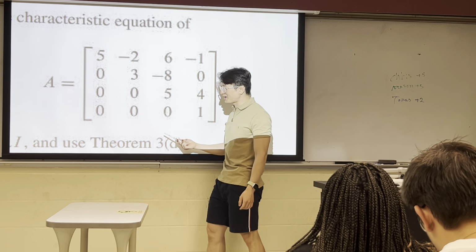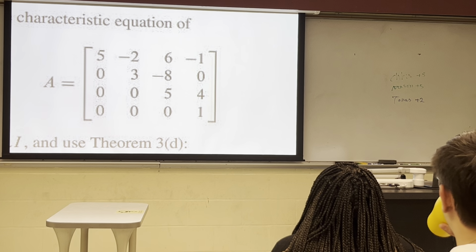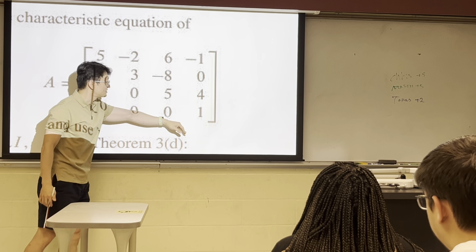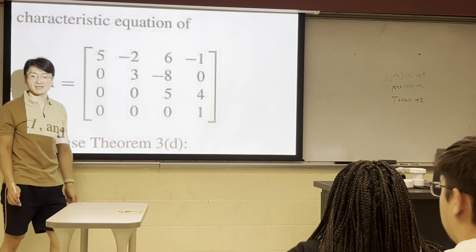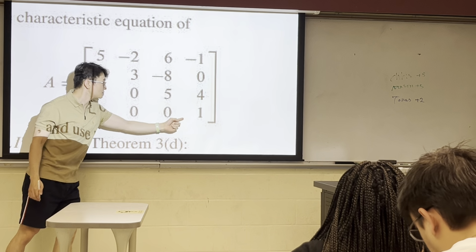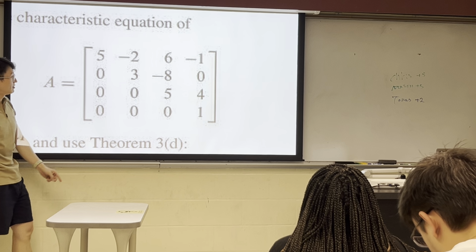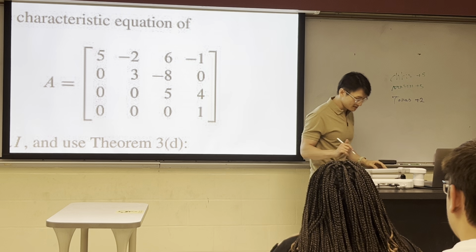What is the definition of diagonal? This can be diagonal, right? Yes. Main diagonal means the longest one. So if I ask you, hey, find the determinant of A, you multiply these 4 numbers. That's it.